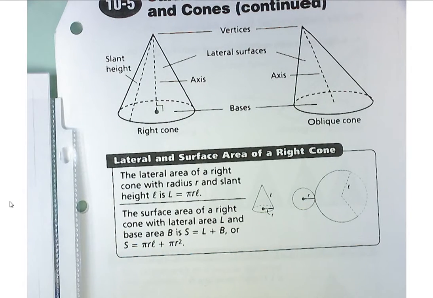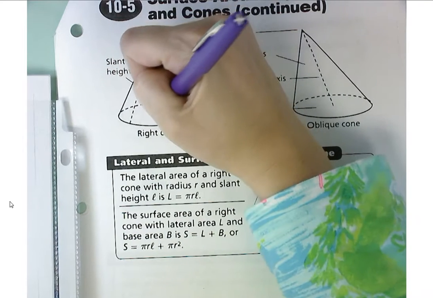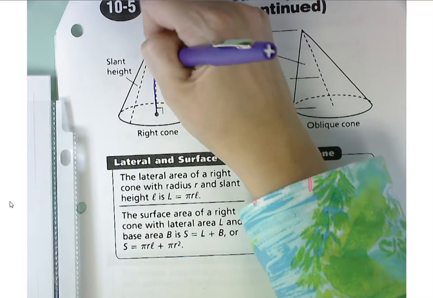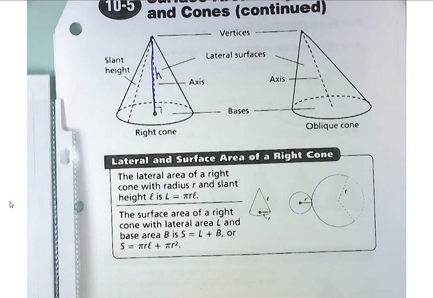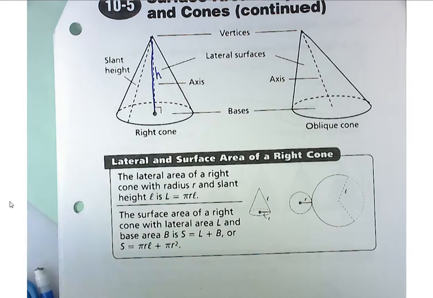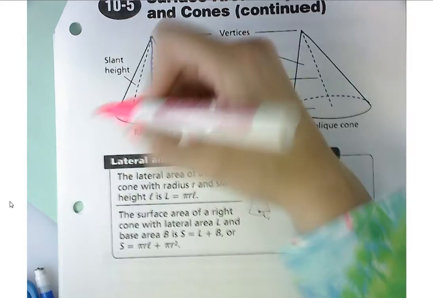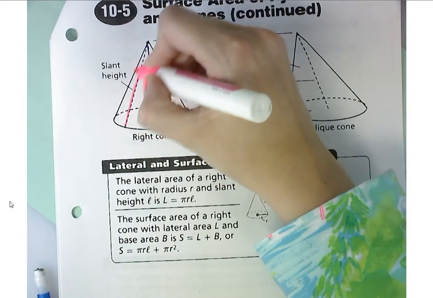That's something you know from your vocab sheet. And then again you have the slant height. So the height that goes from the center of the base to the top, that's your height H. The one that goes from the top down the side of the cone is your slant height.